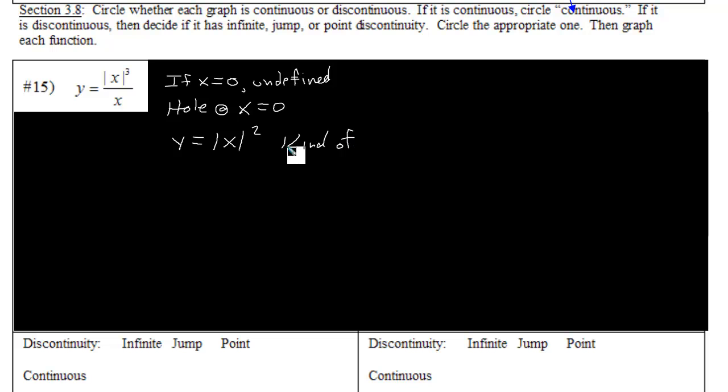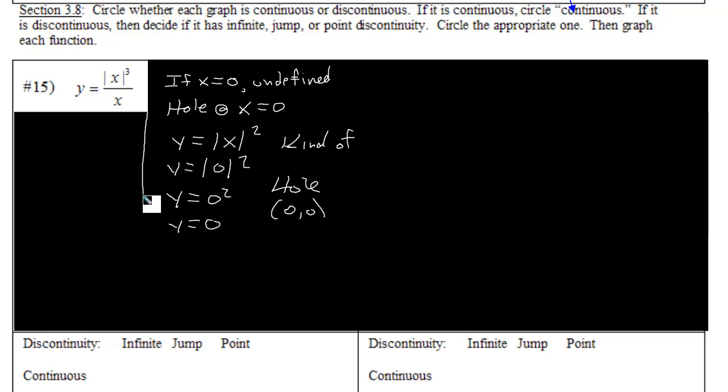If you put 0 in for x, absolute value of 0 is 0, 0 squared is 0. So hopefully you can see, even though I'm saying things like kind of and yes but not, our hole is at 0, 0. Any fool can see that. So if you don't see it, it means you're not a fool, which is awesome.